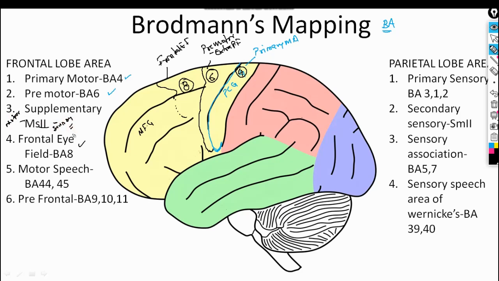Clear? M for motor, S for sensory. Now areas 4, 6, 8 and the supplementary area, these areas also extend on the medial aspect of the cerebral hemisphere, and the supplementary area we also see on the medial aspect. So we will see this in the coming image.